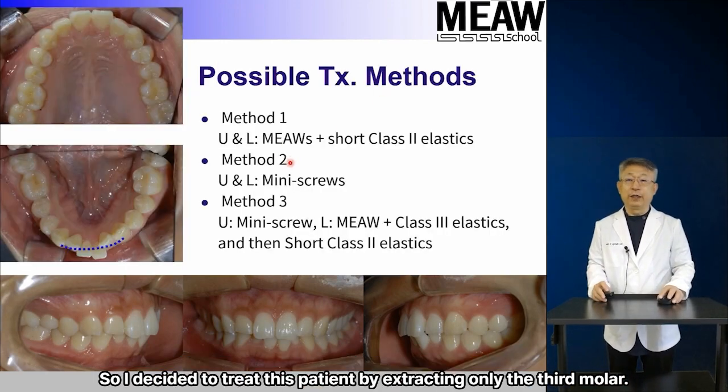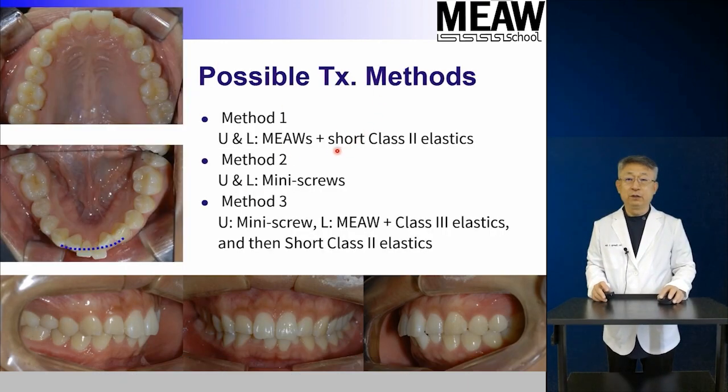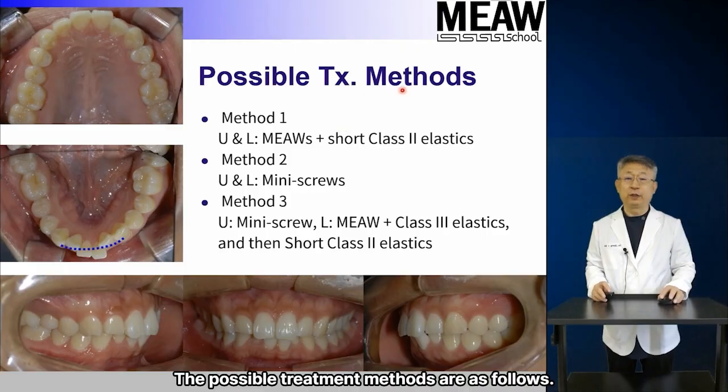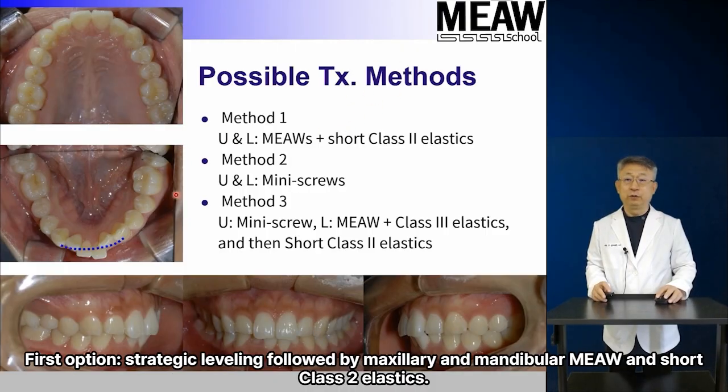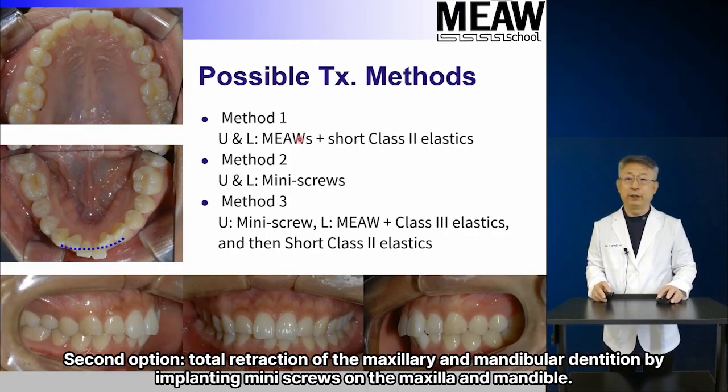So I decided to treat this patient by extracting only the third molar. The possible treatment methods are as follows. First option, strategic leveling followed by maxillary and mandibular mio and short class 2 elastics. Second option, total retraction of the maxillary and mandibular dentition by implanting mini screws on the maxilla and mandible.